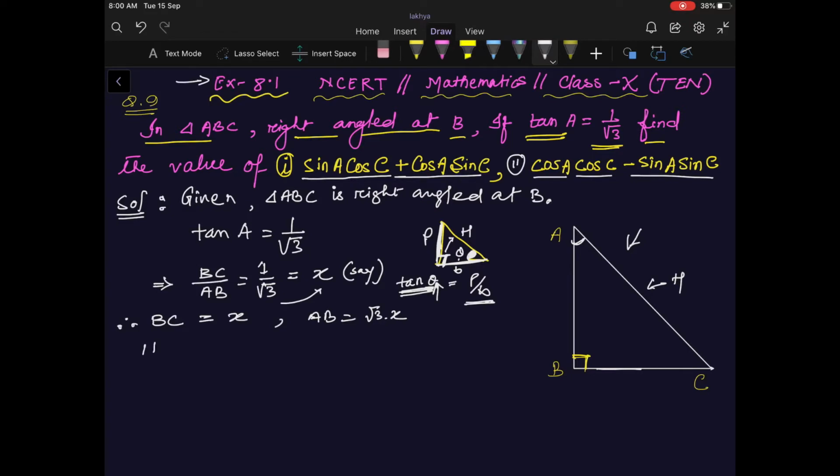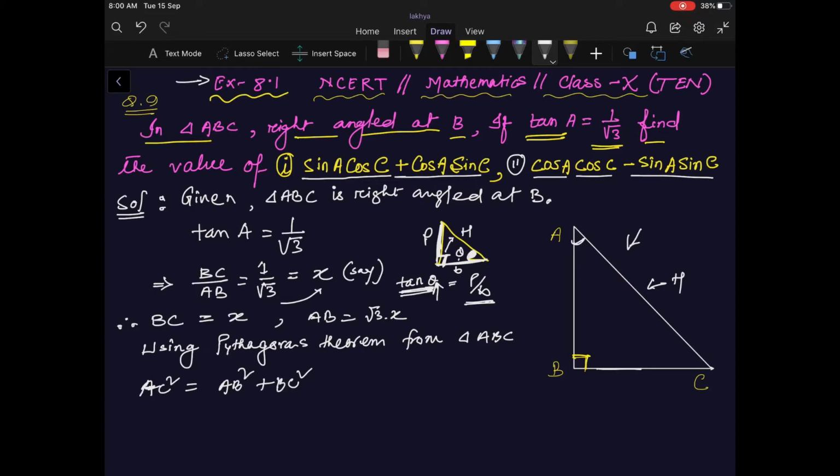Using Pythagoras theorem from triangle ABC, we get AC square is equal to AB square plus BC square.